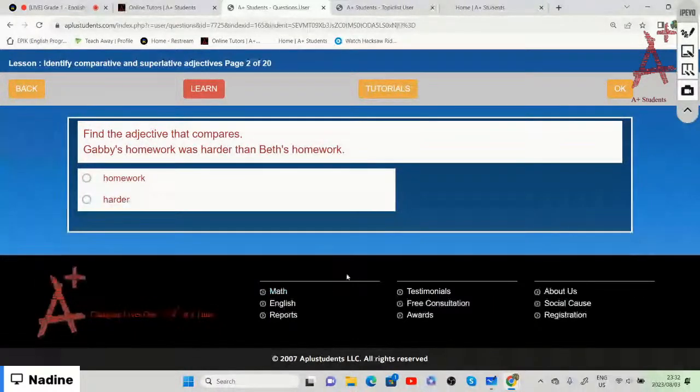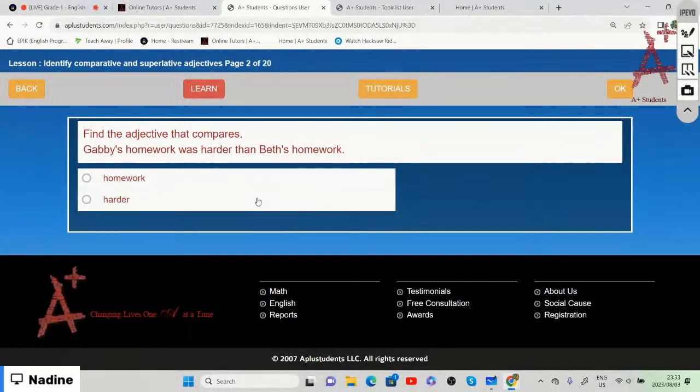Gabby's homework was harder than Beth's homework. So is it homework or harder? Basically, Gabby's homework is being compared to how hard Beth's homework is, right?